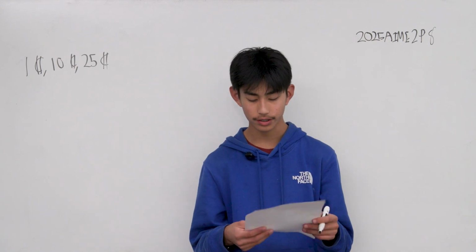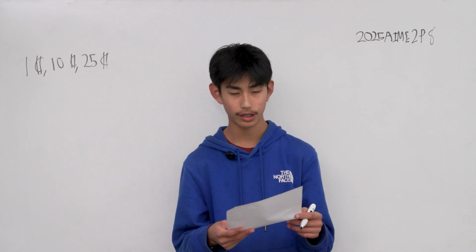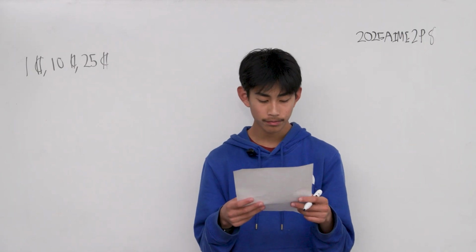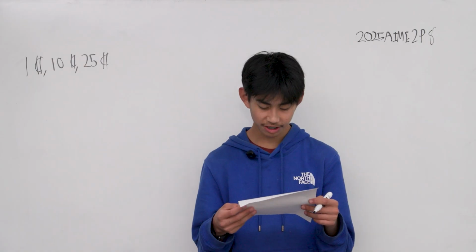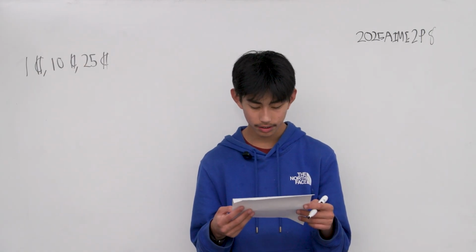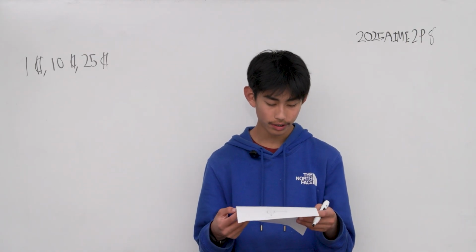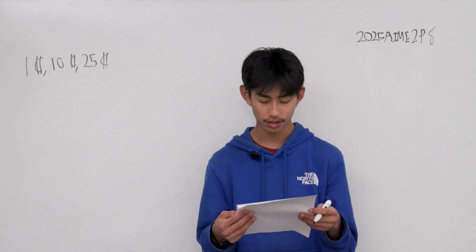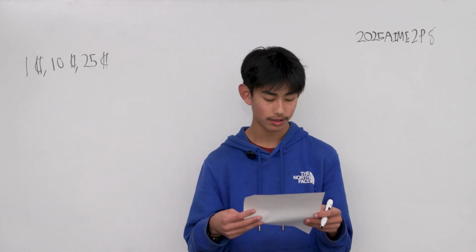For example, to get to 42 cents, Silas will choose a 25-cent coin, then a 10-cent coin, then 7 1-cent coins. However, this collection of 9 coins uses more coins than necessary to get to a total of 42 cents. Indeed, choosing 4 10-cent coins and 2 1-cent coins achieves the same total value with only 6 coins.